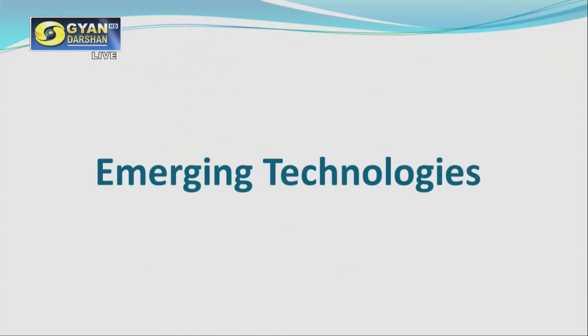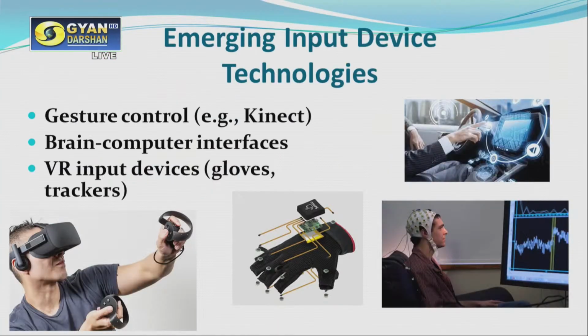And coming to the emerging technologies, there are certain gesture control devices. These are input devices that are appearing in the market, like the Kinect and other things. And then there are brain-computer interface devices, which automatically read the signals that are passed in the brain. And then virtual reality input devices: when people work with virtual reality applications, they put on gloves and trackers.